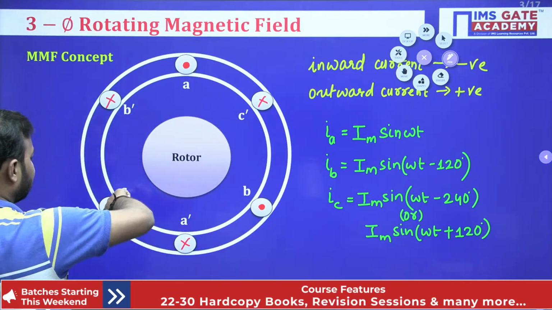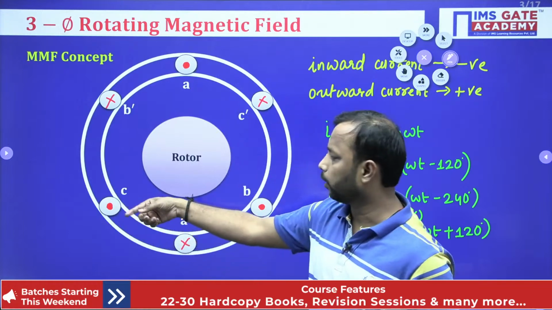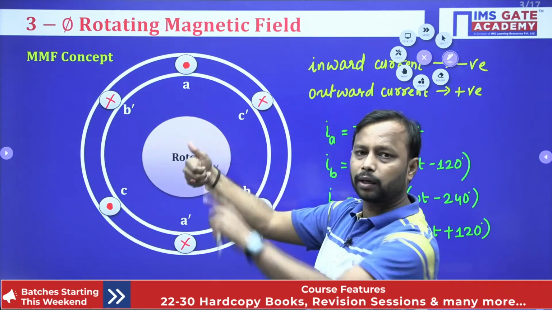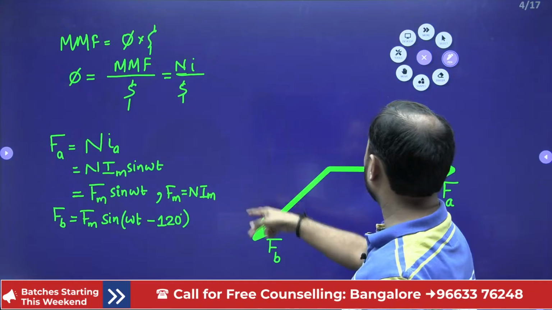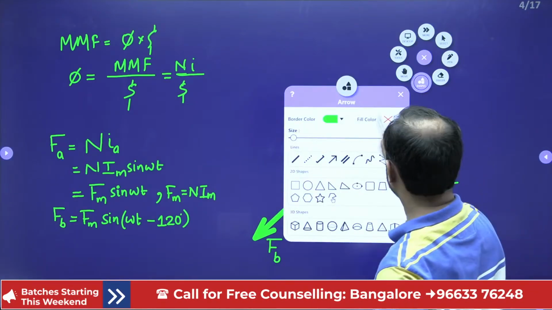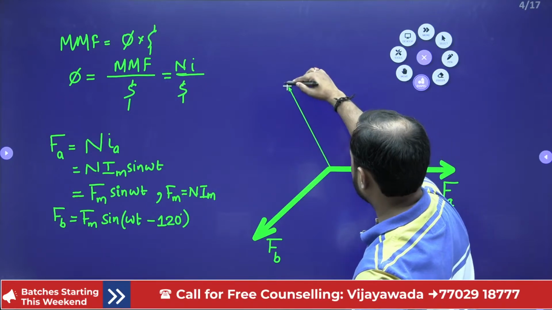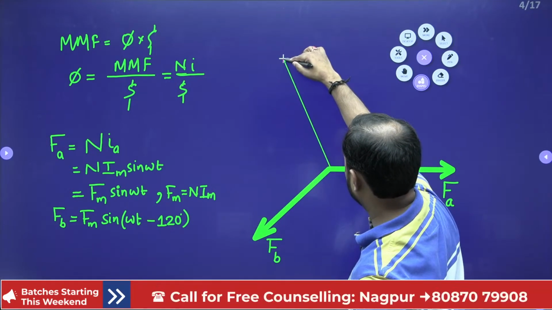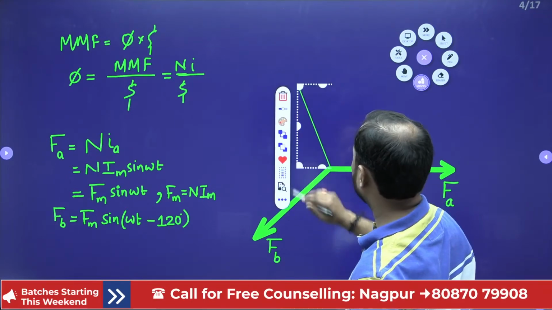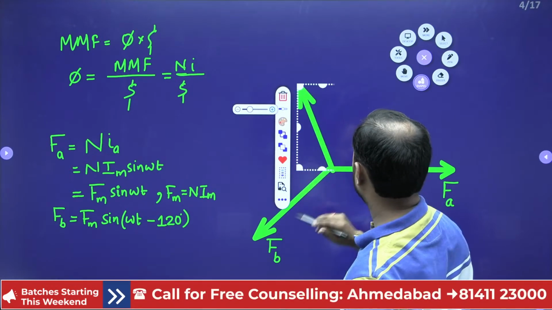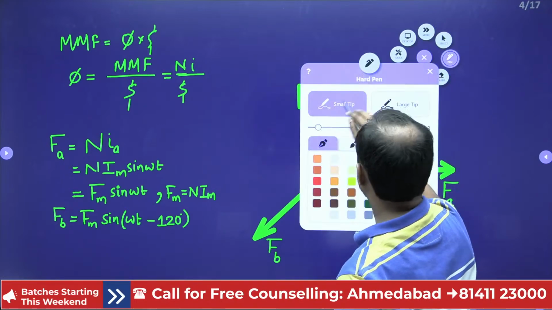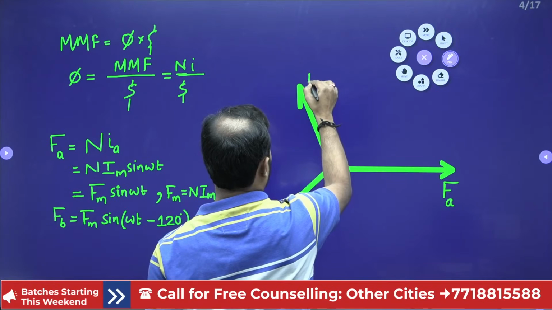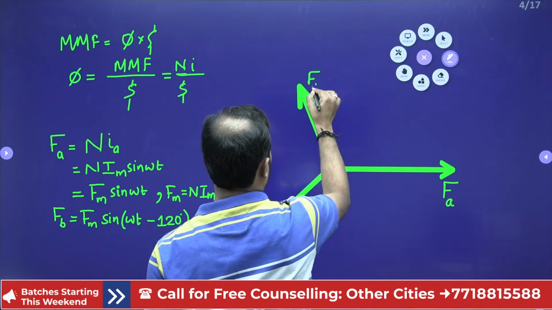See, here current is outward and here current is inward. So, like this, the thumb will show the direction of MMF. So the direction of MMF in this case will be this one. So this is FC.